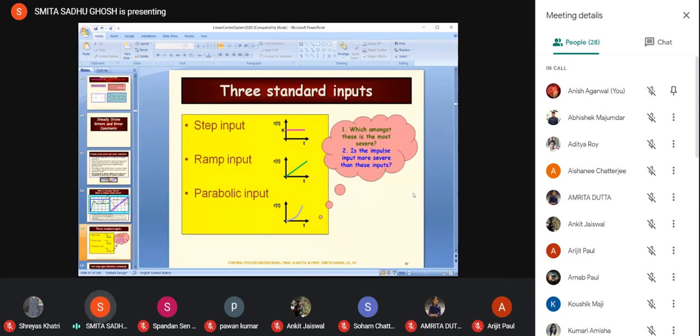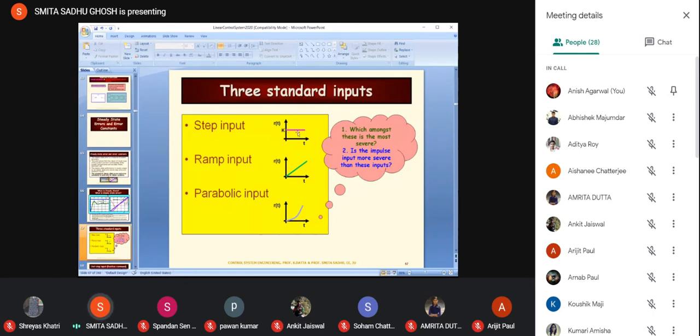When I say worst possible, I mean the system would be pushed to its limits, and all other inputs that I would be able to put would be better than that particular input. So if that were the case, which of these inputs would I be choosing? Would it be the step input or the ramp input or the parabolic input?